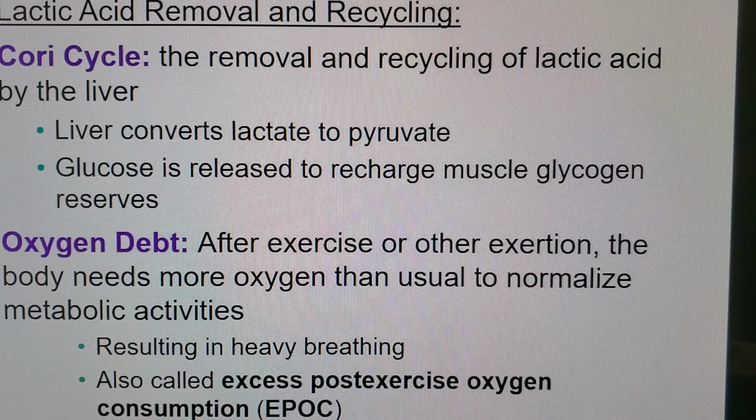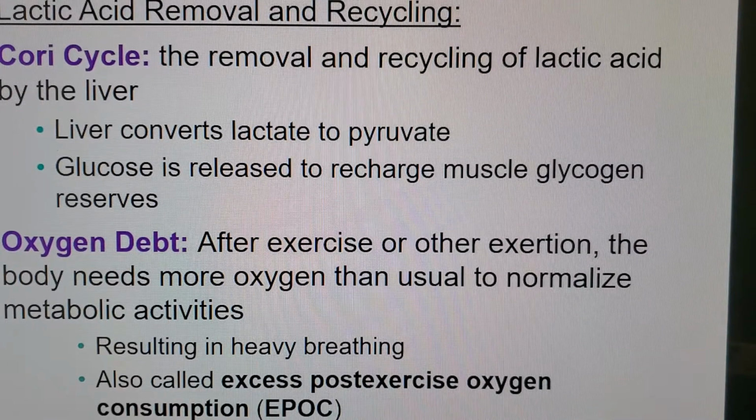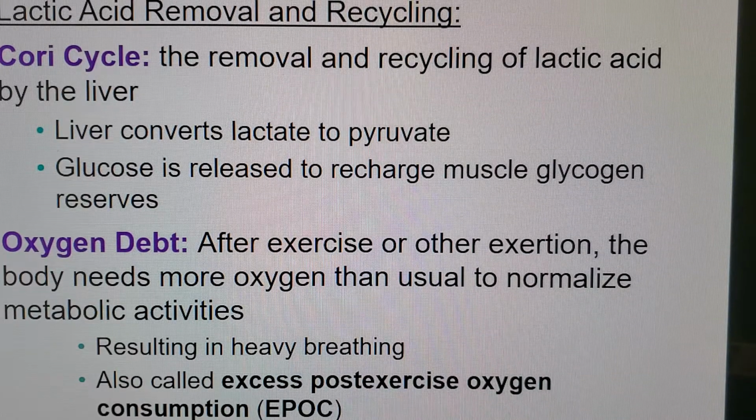The oxygen debt after the exercise: when you work out or you've been running, you breathe heavily for a while until that oxygen debt is repaid, and then you go back to a normal breathing pattern. This is sometimes called excess post-exercise oxygen consumption, which is really needed, so I don't know that it would be considered excess, but that's the name of it: excess post-exercise oxygen consumption, EPOC.